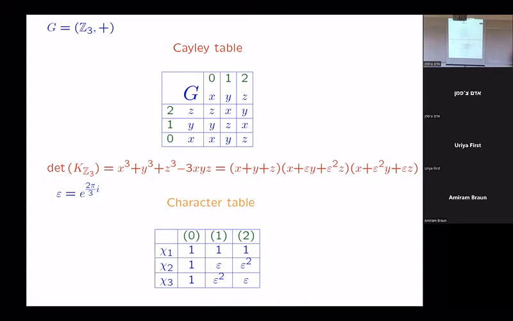When he tried to see what happens for non-abelian groups, he was thinking everything is possible to decompose into the product of linear factors, in those times.